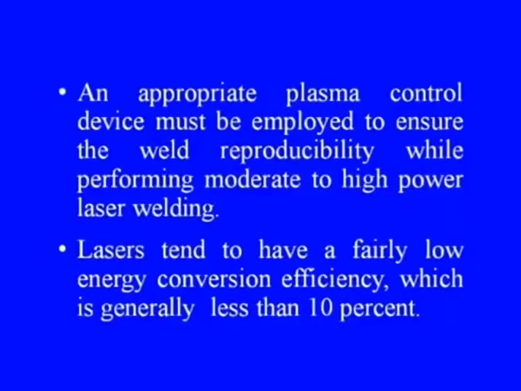Laser as such does not work very well with this type of materials. An appropriate plasma control device must be employed to ensure weld reproducibility while performing moderate to high power laser welding.